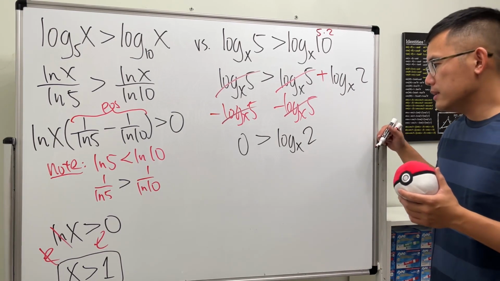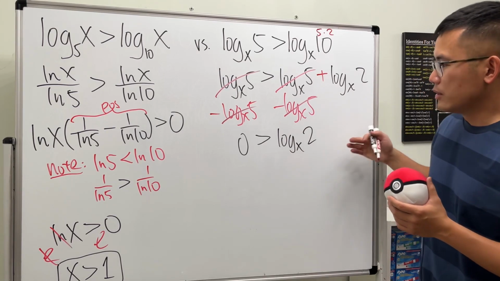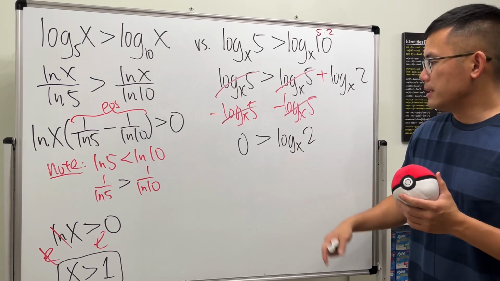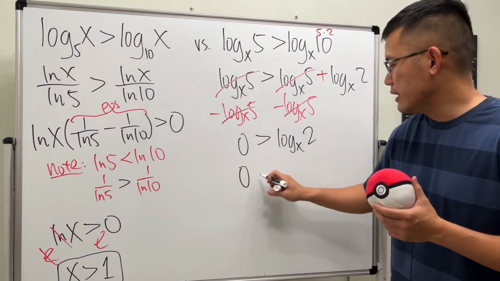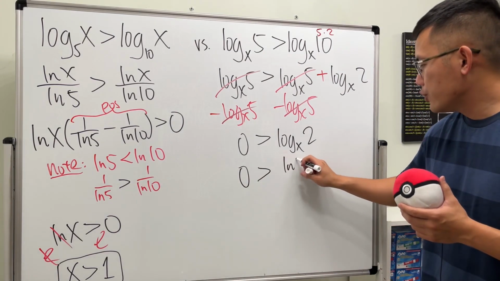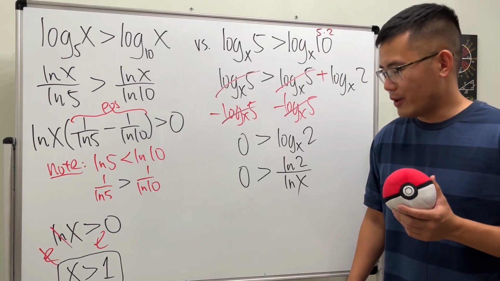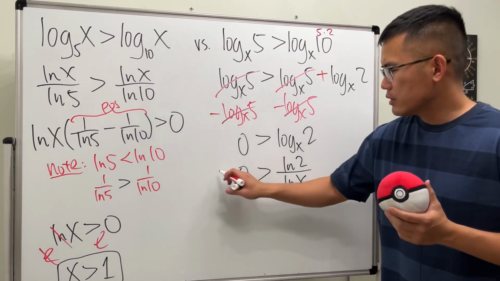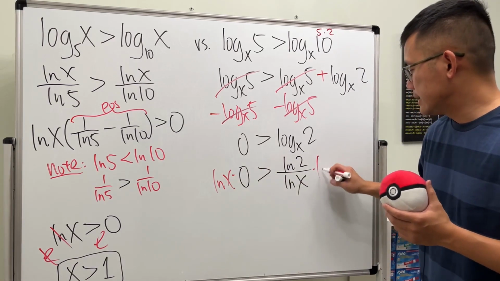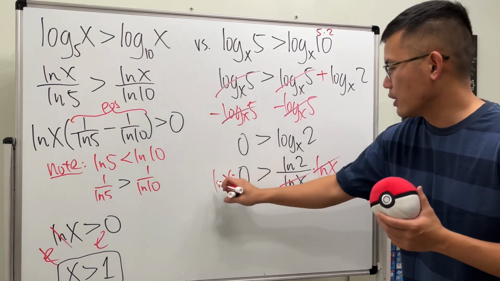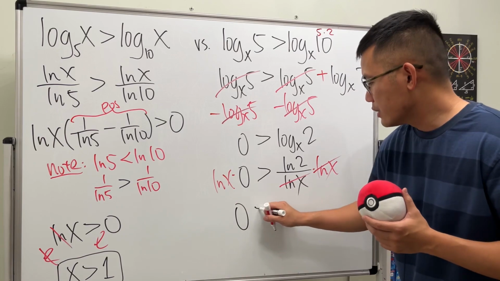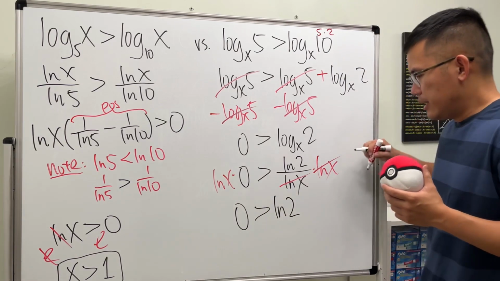Now we just have to worry about this a little bit. Perhaps we can now use the change of base formula. So we are looking at 0 greater than ln 2 over ln x. Well, ln x is on the bottom, so let's multiply ln x on both sides. Aha, they cancel, and this is just 0 is greater than ln 2.